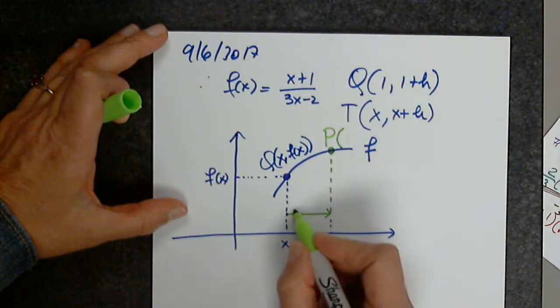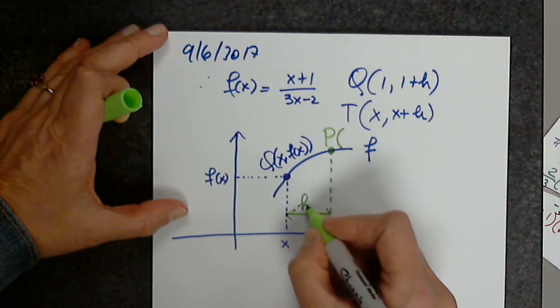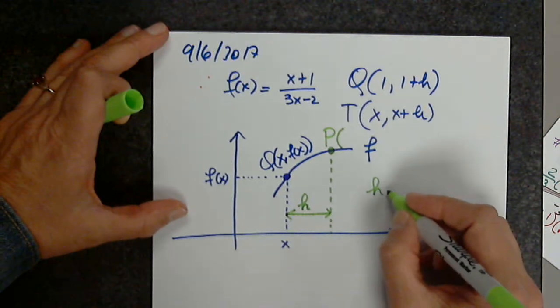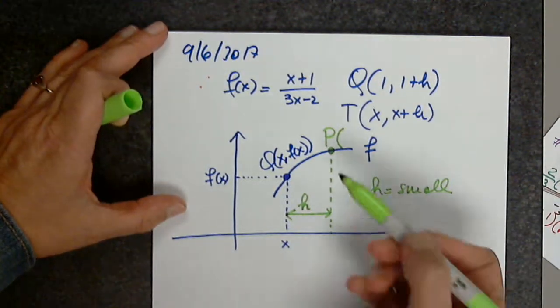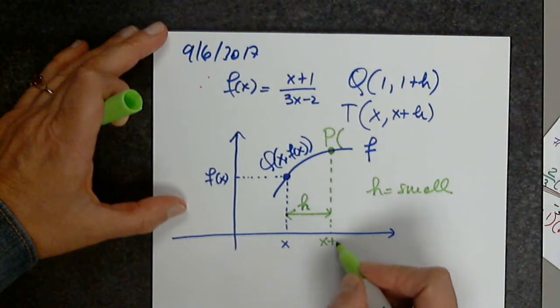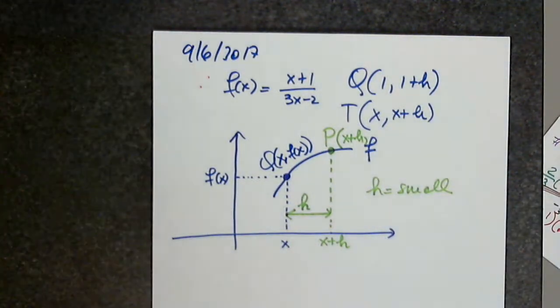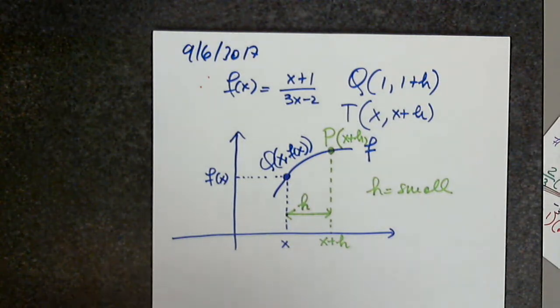And the distance between the x of Q and the x of P is a tiny h. H is a tiny number or value, small. What is the x coordinate of P? Yes? X plus h. Of course. So if the x coordinate of P is x plus h, what is its y coordinate of the same point P?